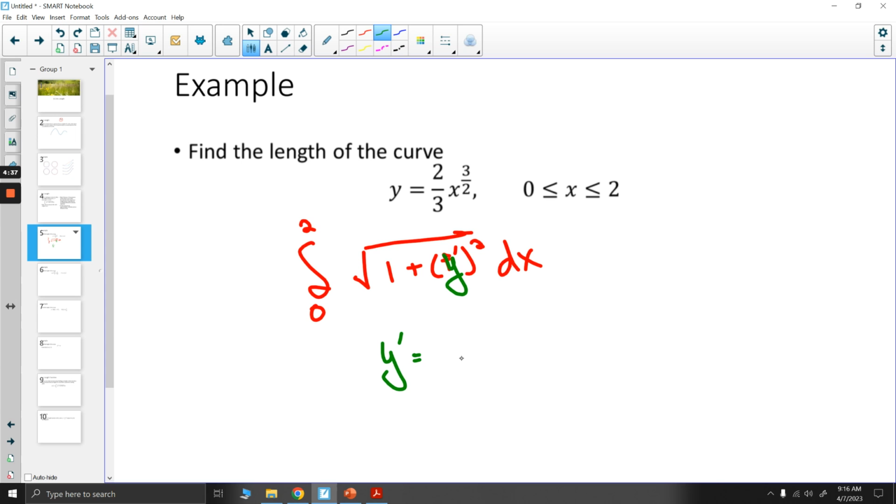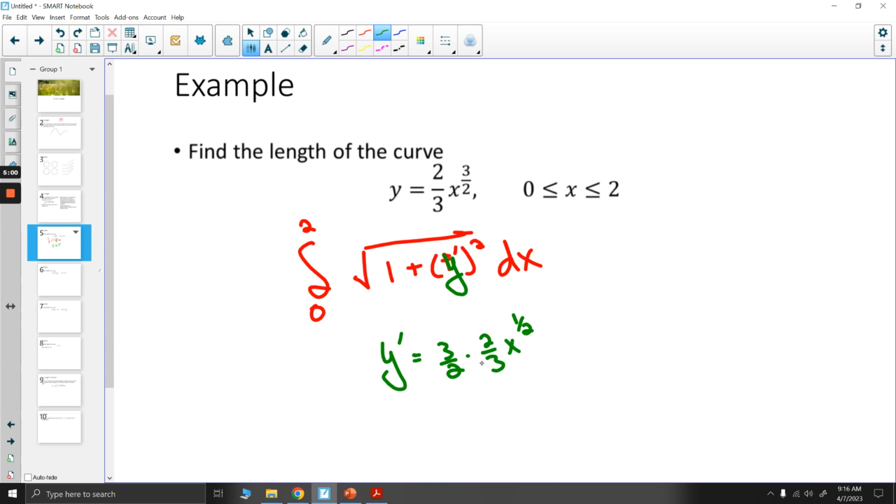So y prime here is going to be 3/2 times 2/3 x to the 3/2 minus 1, which is 1/2. So that's our y prime. Now, we're so set on integration that it's going to be kind of weird going back and doing some derivatives. But we are deriving this to plug it into our formula.